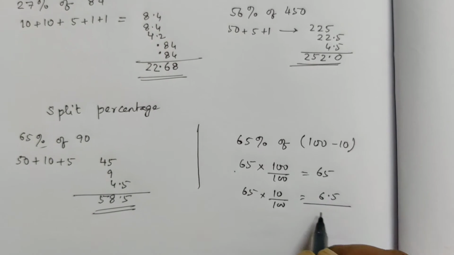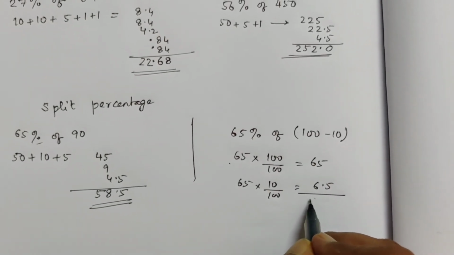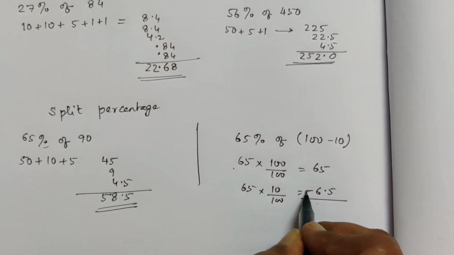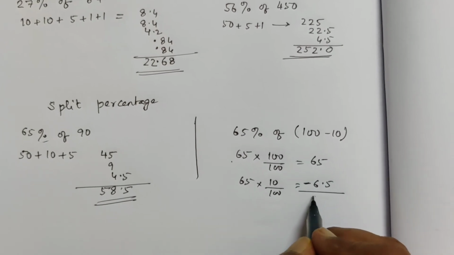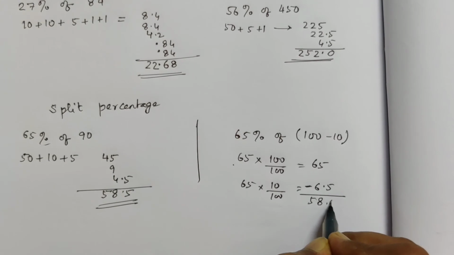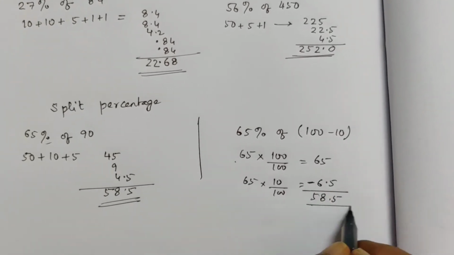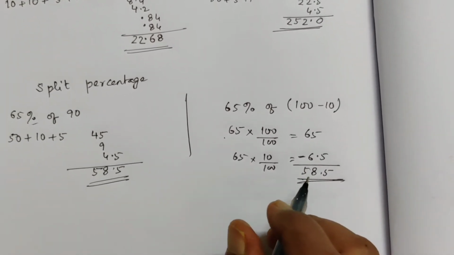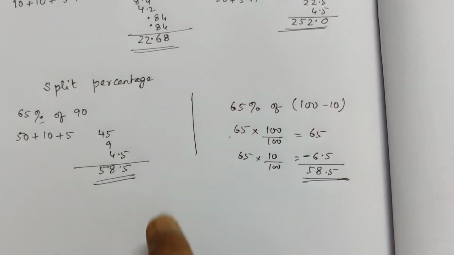So we have to subtract 65 minus 6.5. This becomes 58.5. The same answer, either this way or this way.